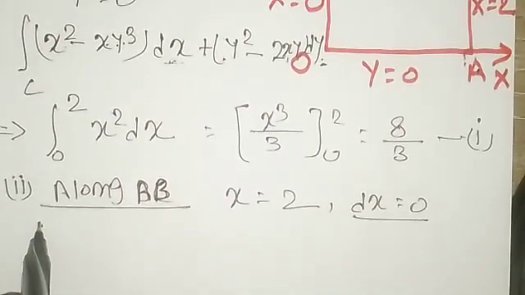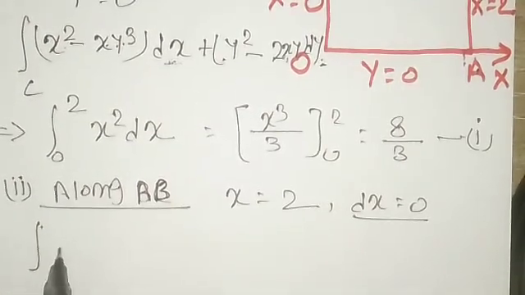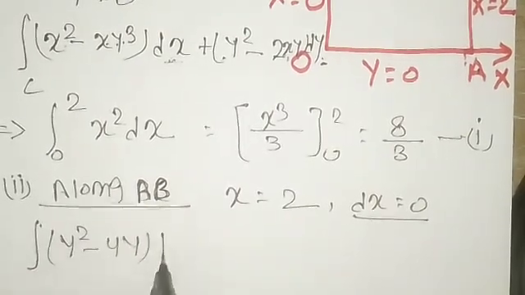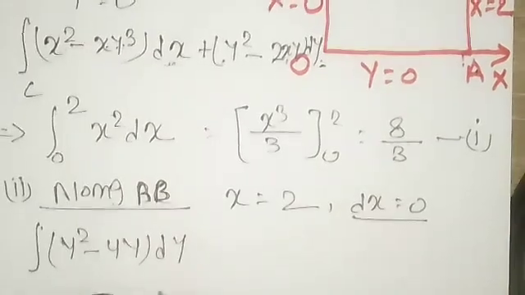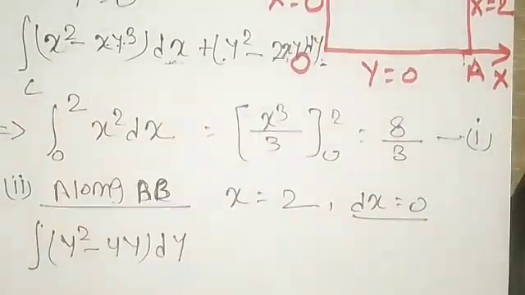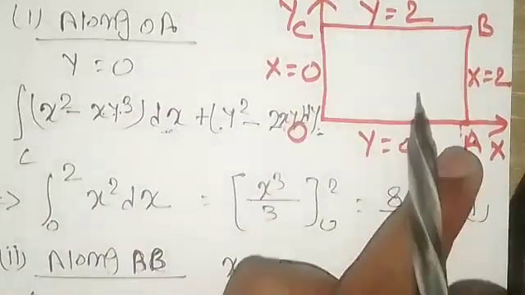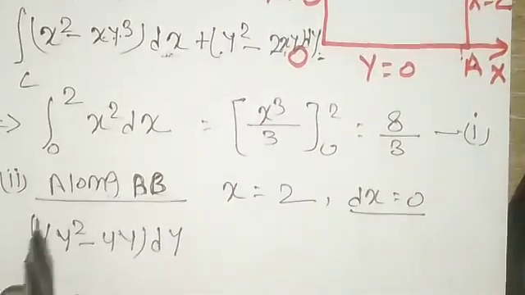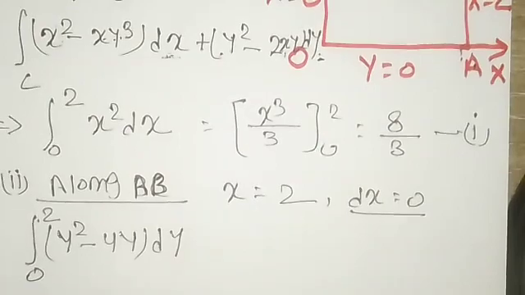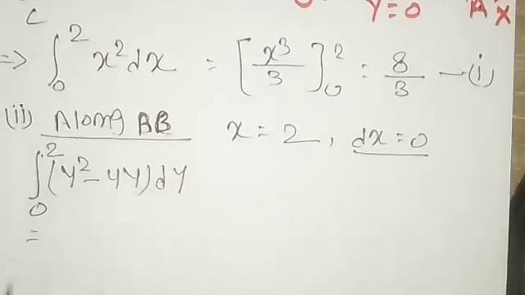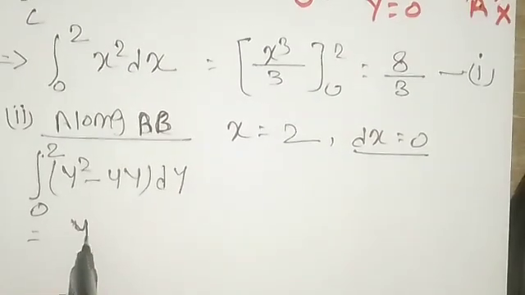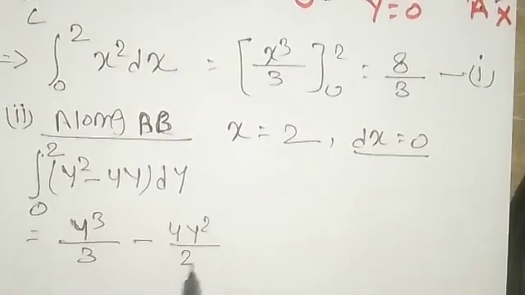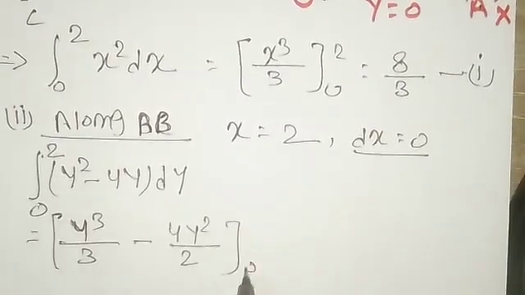So this is how we are evaluating the vertices, right? So this is the integral of (y² − 4y) dy, right? And here the limit is changing from where to where? If you see AB, it is varying from 0 to 2. So its integration is y³ by 3 minus 4y² by 2, and the limit from 0 to 2.